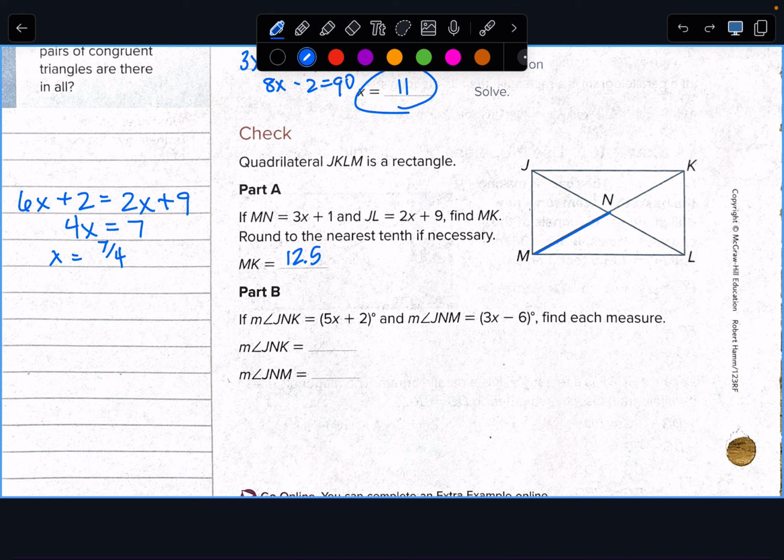JK. Did you get 6.25? It's 184 divided by 8.